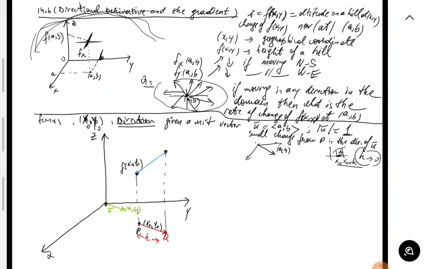If you want to increase its size by length h, the new components will be ah and bh. This is a consequence of the length of this segment being actually 1.